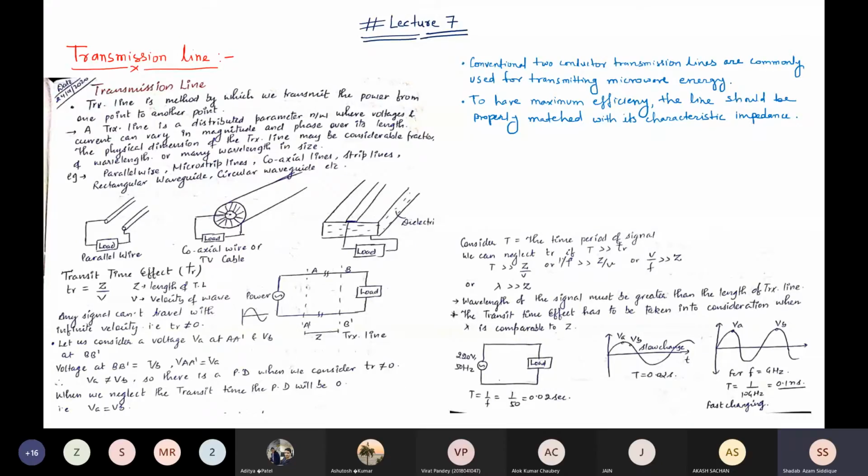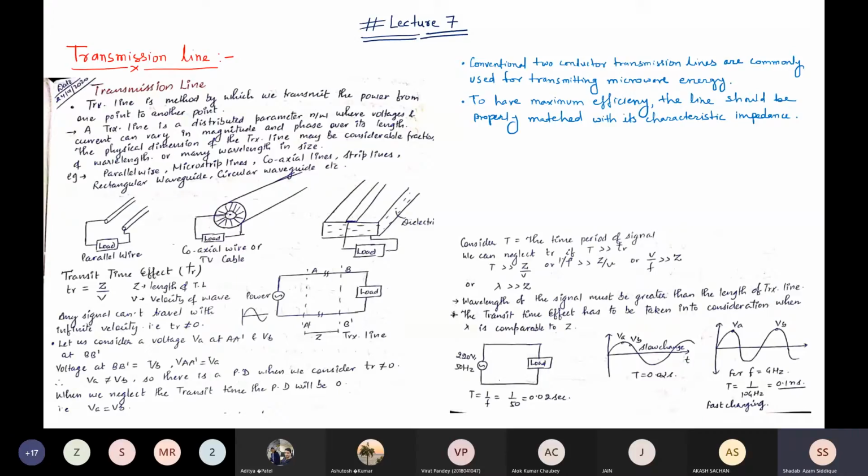One way is to solve Maxwell's equations, and you will find the wave equation, the wave which is traveling inside the transmission line. Another way is using the distributed parameter analysis.